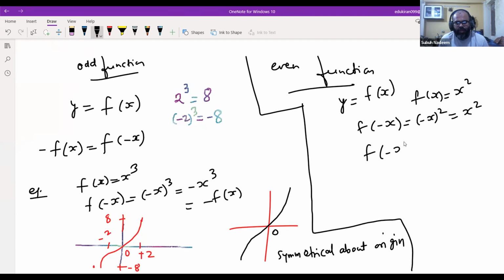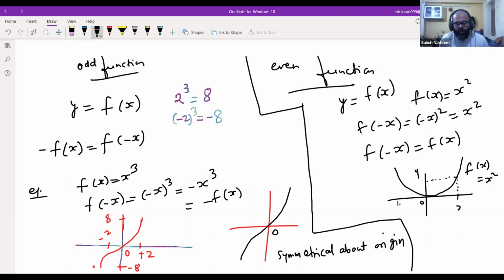So f(-x) will be the same as f(x). So if you see the graph of f(x) = x², it is this type of graph. If there is a 2 and you are getting 4 out of it, then at minus 2 you will also get 4. So both the outputs are the same. Minus 2 is also 4, 2 is also 4.